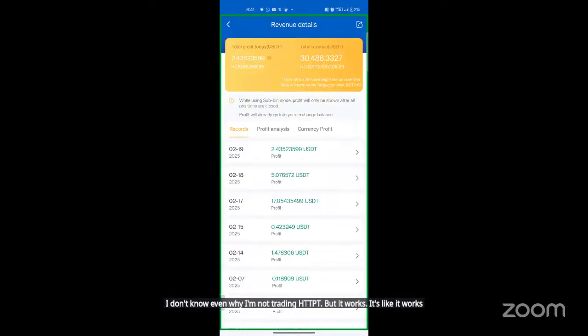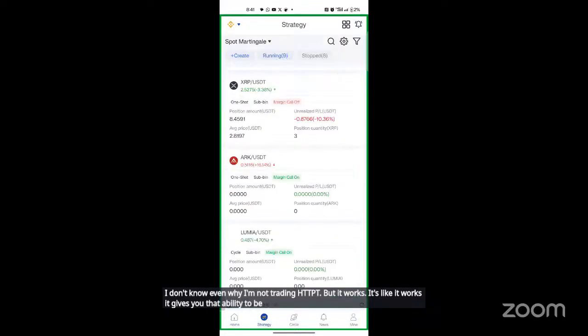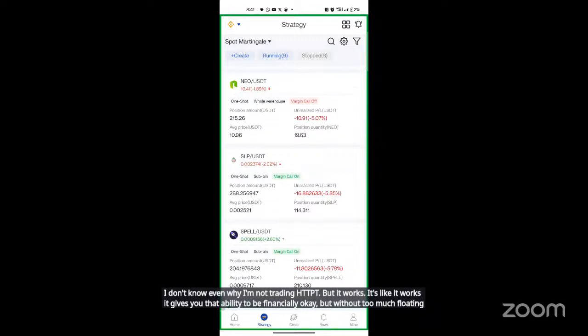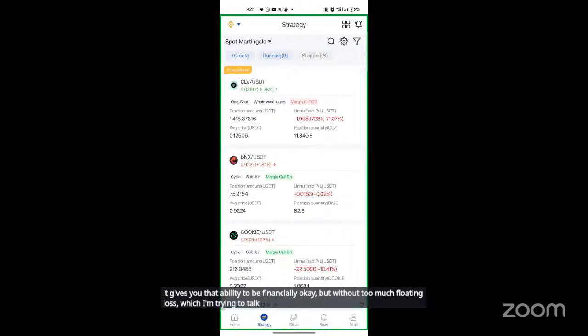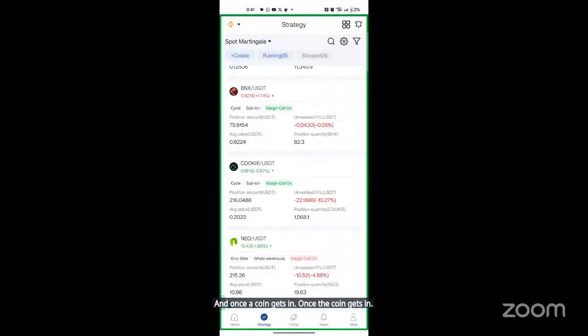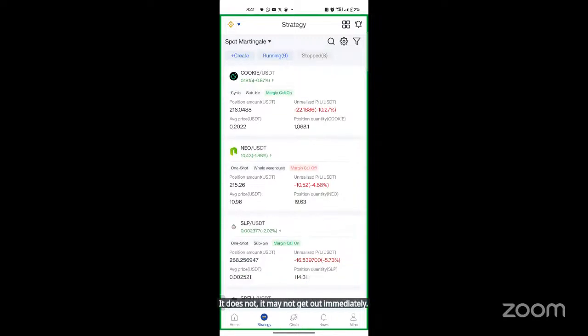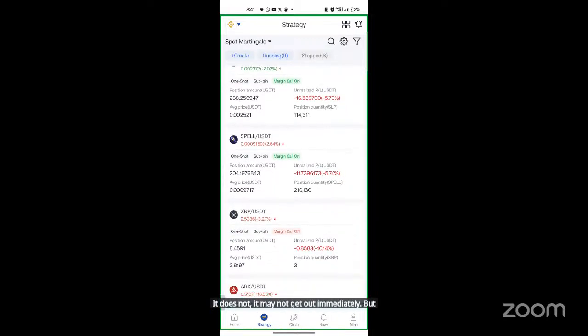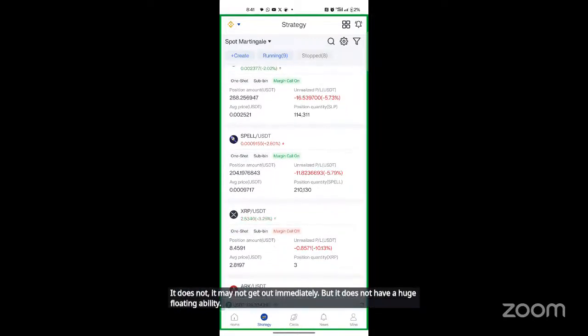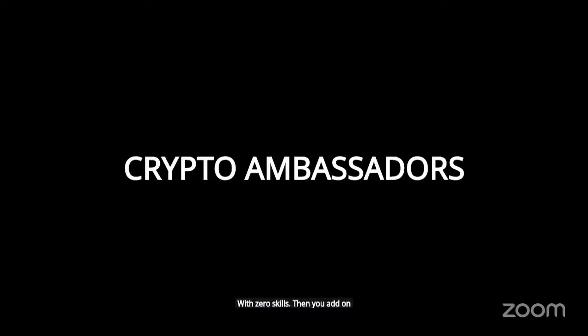It gives you that ability to be financially okay, without too much floating loss, which I'm trying to talk about right now. Once a coin gets in, it may not get out immediately, but it does not have a huge floating loss with zero skills. Then you add on one shot to help you maximize.